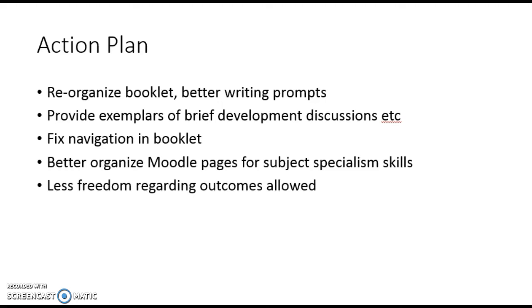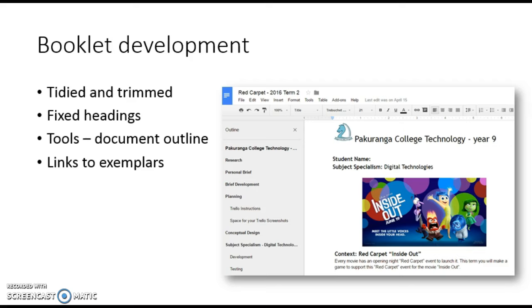So I wanted to look at the documentation side of things and make that much more usable. That was my big plan. I'll skate over this bit a little in terms of what I actually did. I did try to tidy up the booklet a lot. I used the tools document outline and then tidied up the headings so that it had this nice navigation menu to work through on the left hand side there.